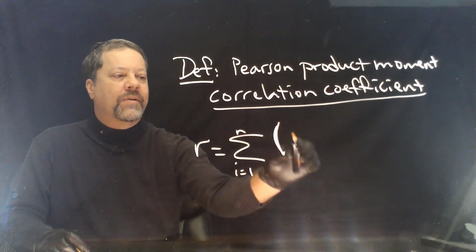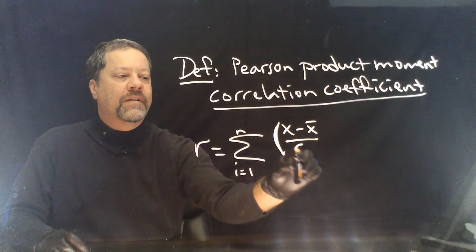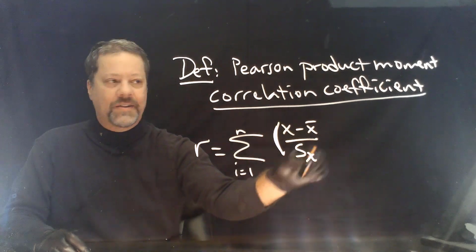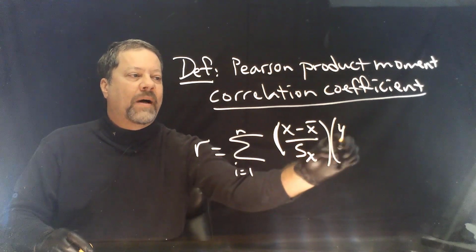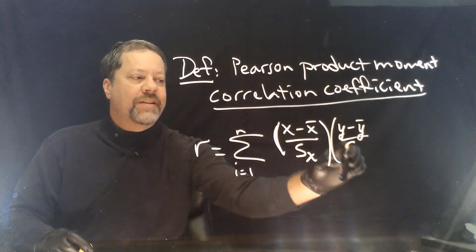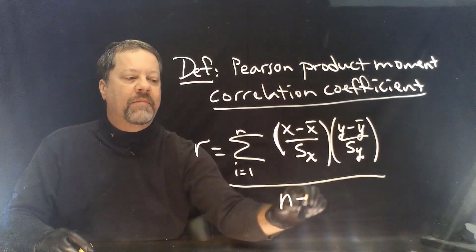Now the products that you're going to have are your x minus x bars over the standard deviation for the x's times y minus y bar over the standard deviation for the y's, all divided by n minus 1.